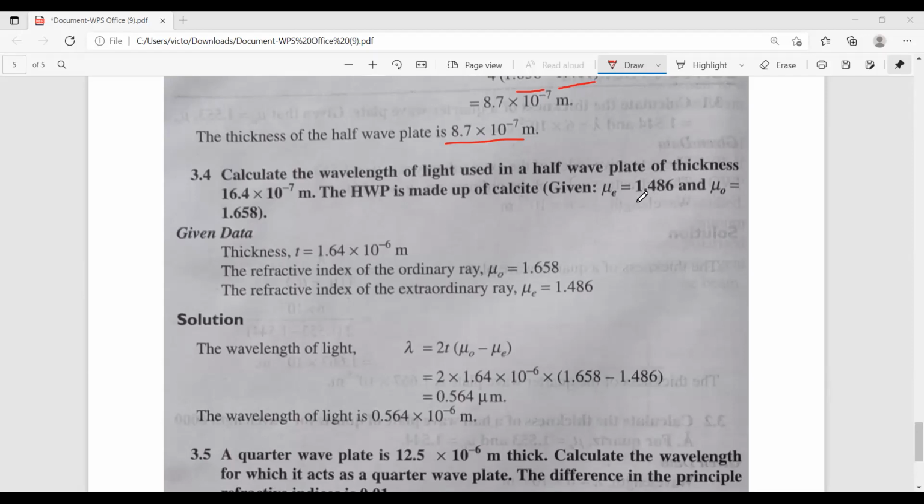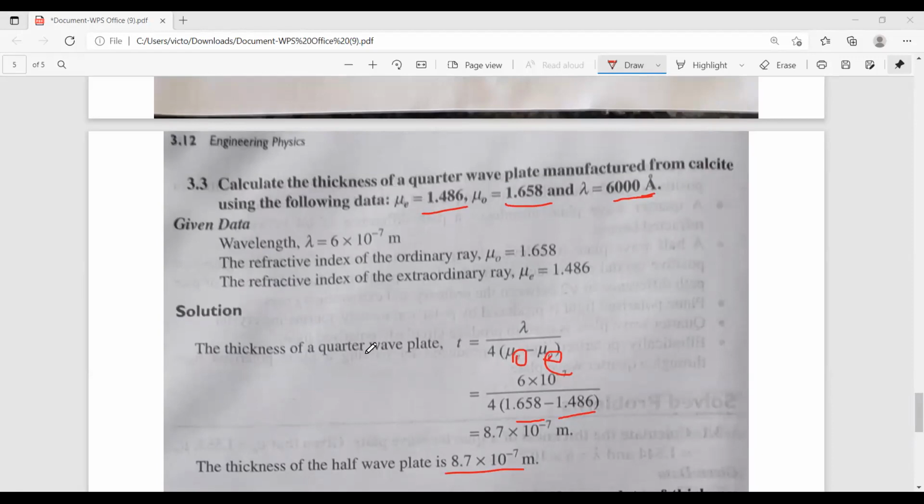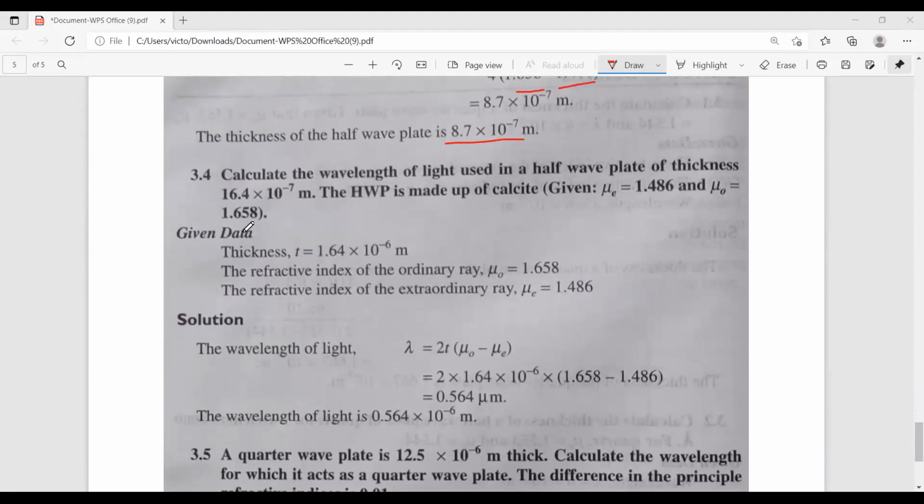Given μE value 1.486 and μO value is 1.658. So thickness t is 1.64 into 10 power minus 6, and we have to calculate the wavelength here.